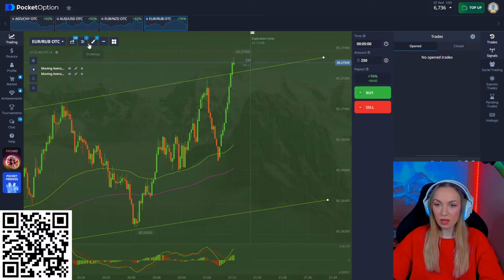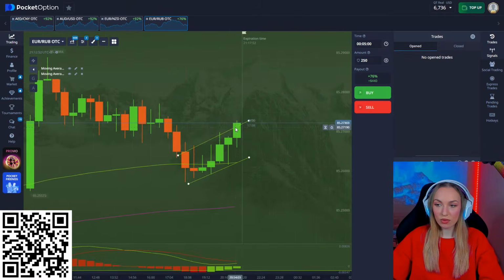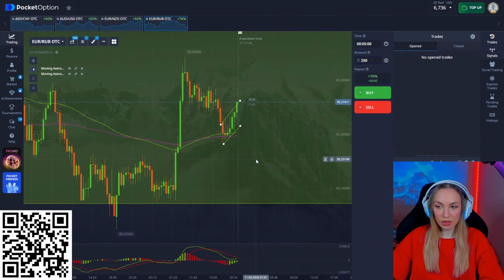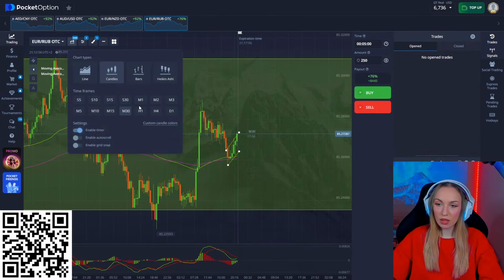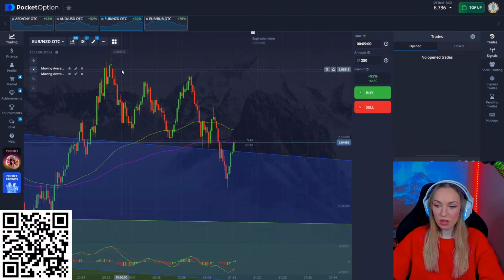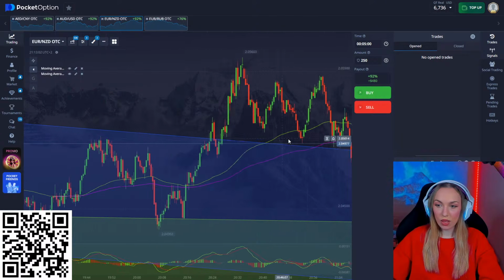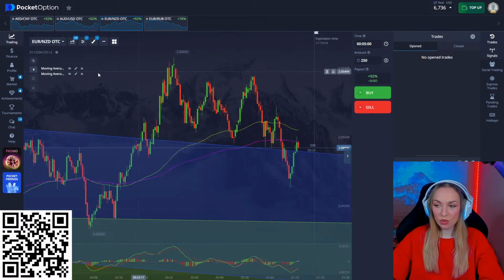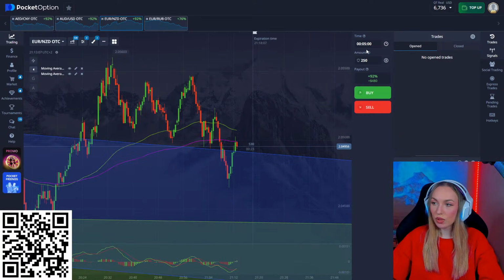Interesting. Maybe it's the trend reversal that I didn't notice. It could be, but we will see. We will continue watching. And the Euro NZD also seems like is breaking the support.